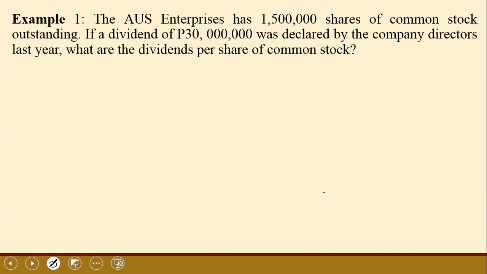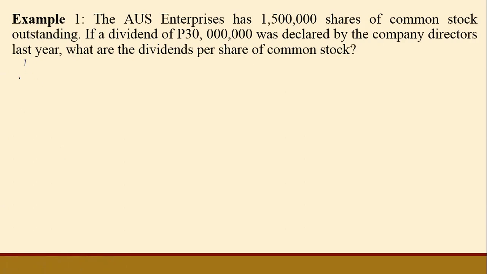If a dividend of 30 million pesos was declared by the company directors last year, what are the dividends per share of common stock? Because the company has no preferred stock, the common shareholders will receive the entire dividend.